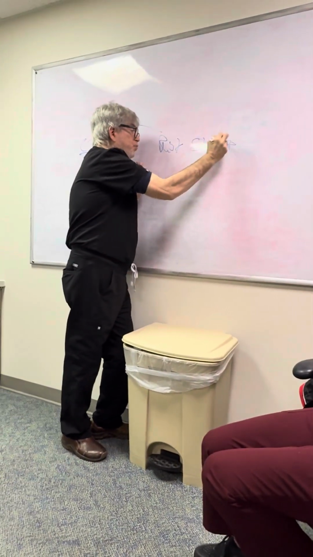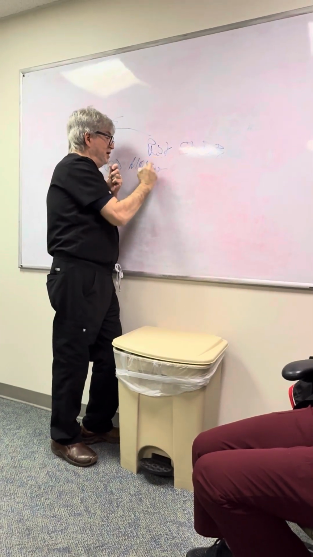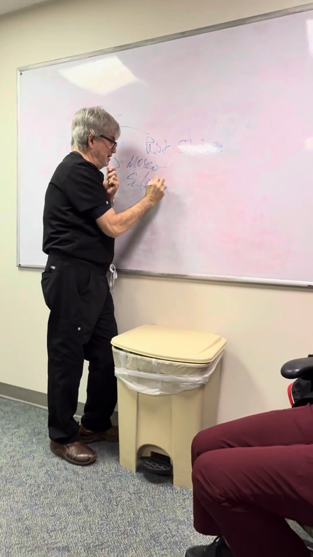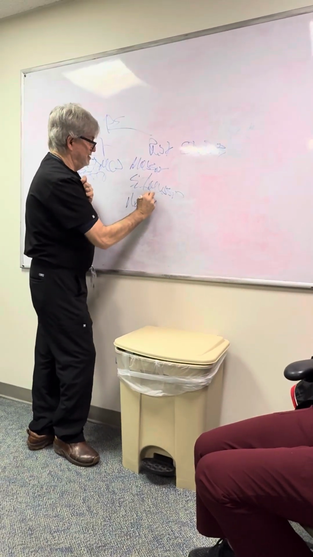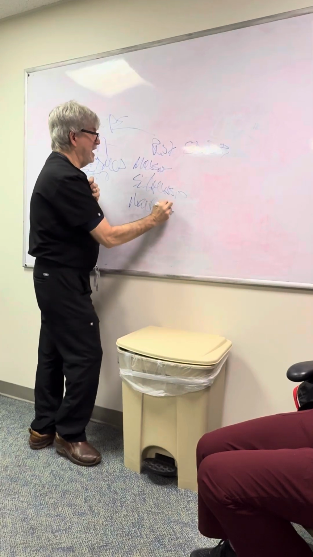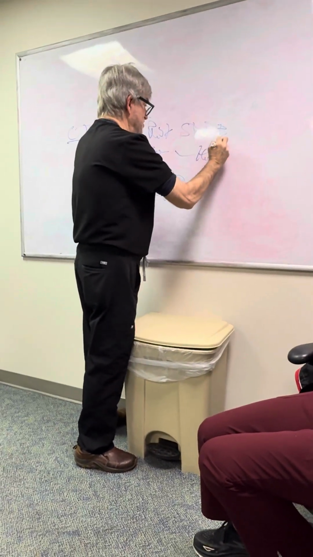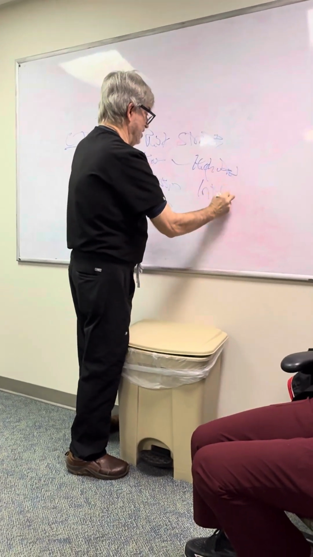Okay, so we used to call this massive PE, submassive, and non-massive. And now it's kind of called high risk, intermediate risk, and low risk.